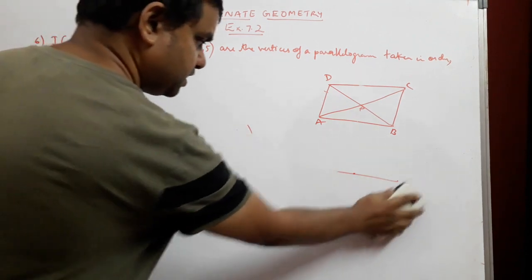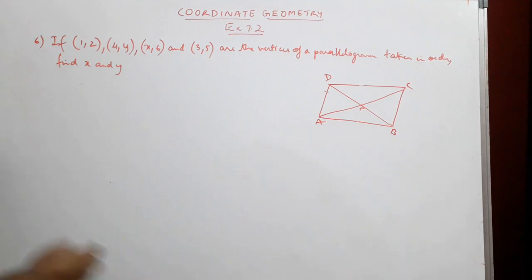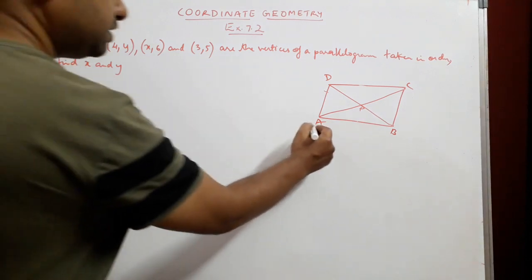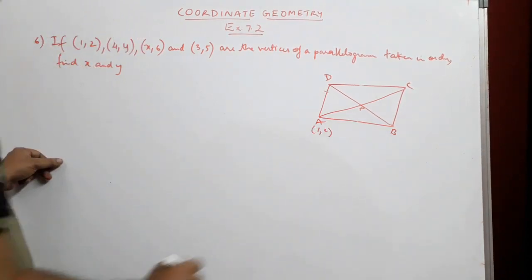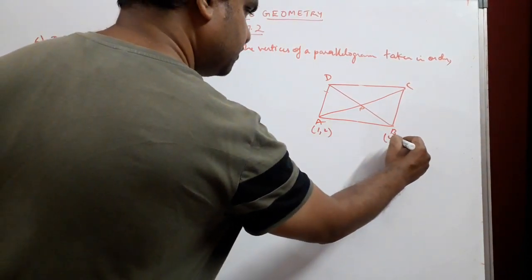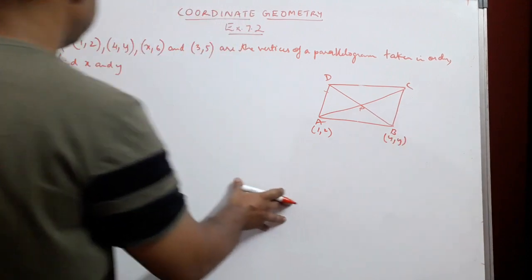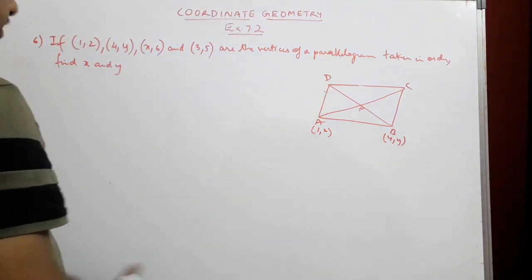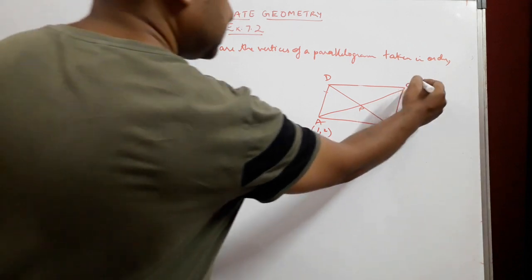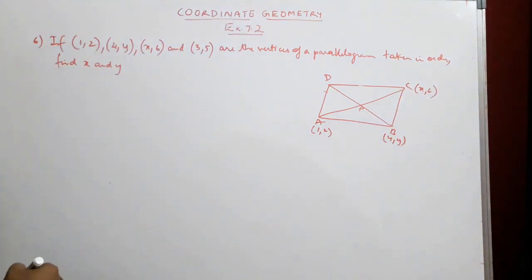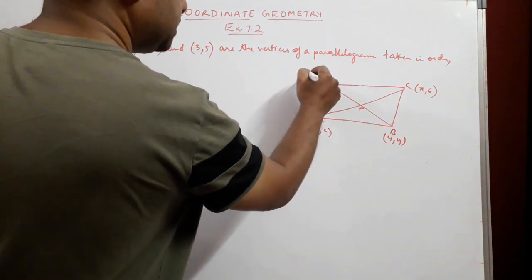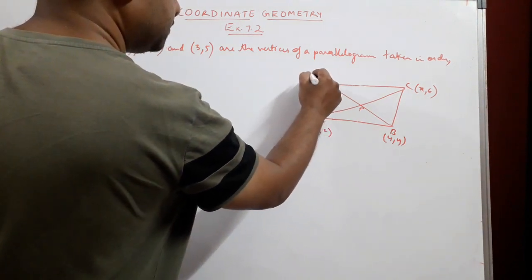So let us first assume, since we have just been given the coordinates, let us give them some names. A will be (1, 2), B will be (4, y), as mentioned over here, taken in order, C will be (x, 6), and D will be (3, 5).